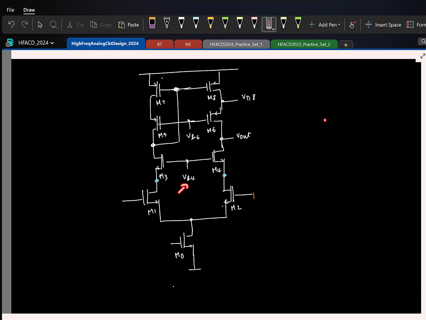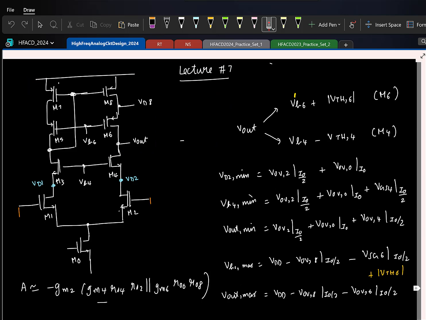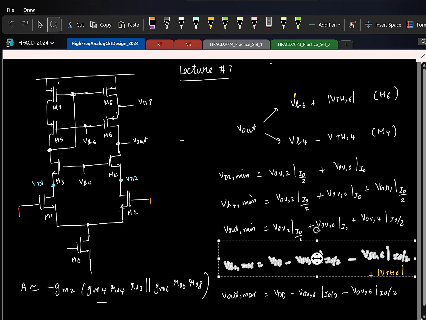So first of all, let me go to this page. Notice that if the output has to reach the maximum, VB6 has to be at this voltage. So it makes sense that we aim to bias VB6 to be at this voltage. Similarly, if output has to reach this minimum, VB4 has to be this value. So it makes sense you try to bias VB4 to be at this point. Right? So let's quickly see how one might generate VB6, which is this. That's correct. Okay.